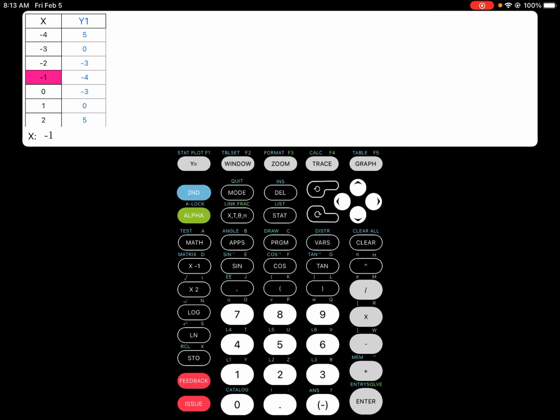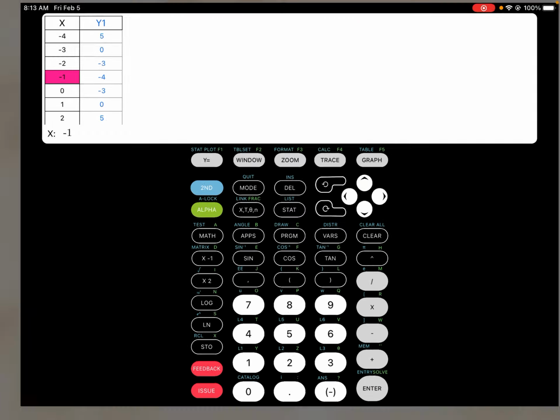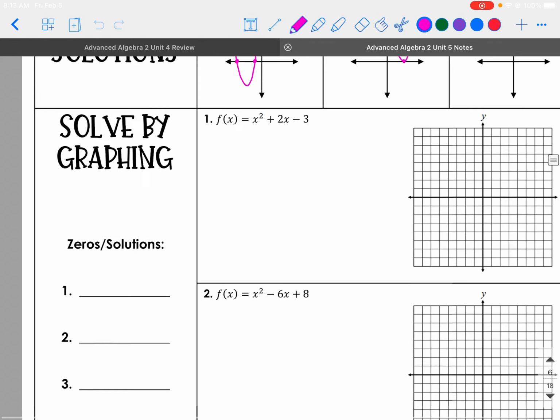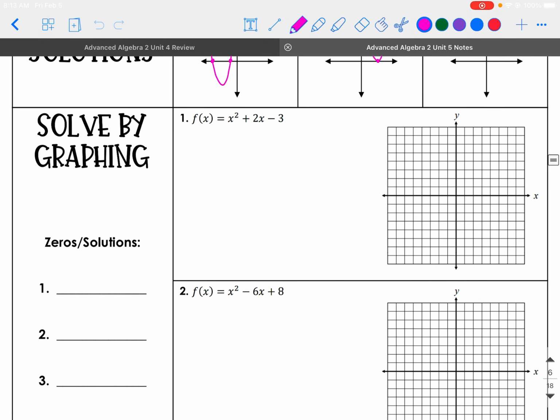So write those down. Okay, we go back here and make a table.